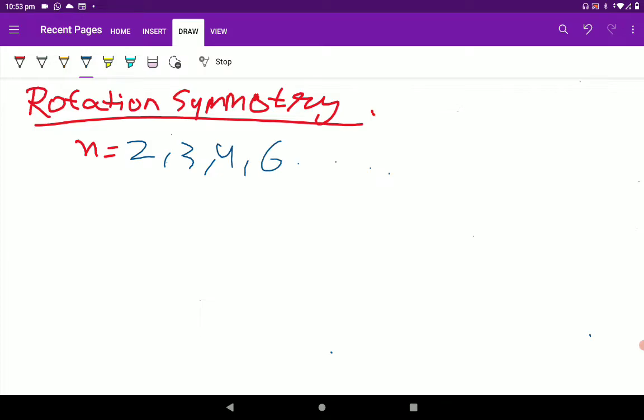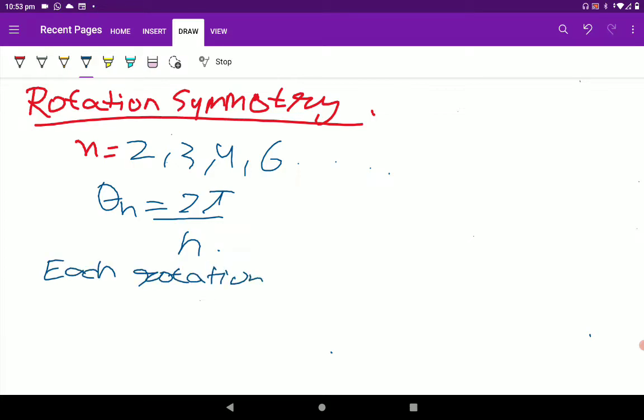The rotation angle can be calculated on the basis of this equation, that is theta n equal to 2 pi by n. In rotational symmetry, you should remember that each rotation leaves the crystal unchanged.